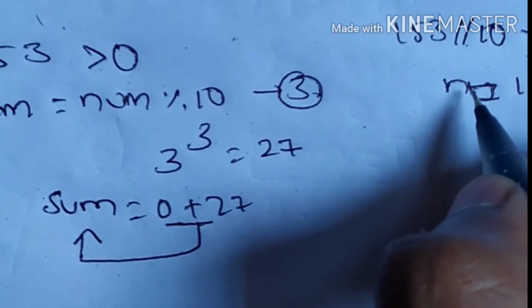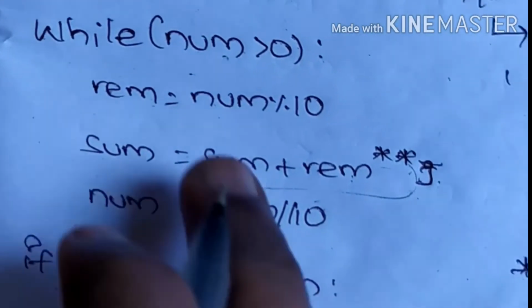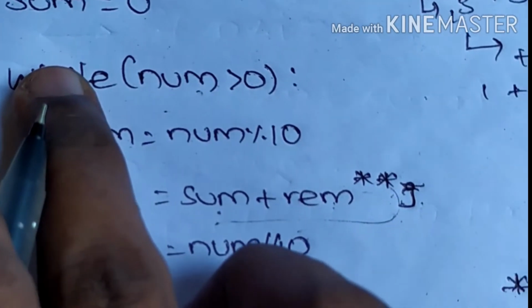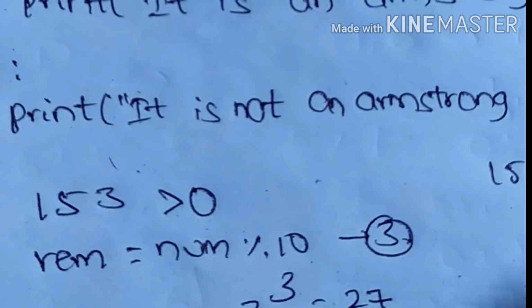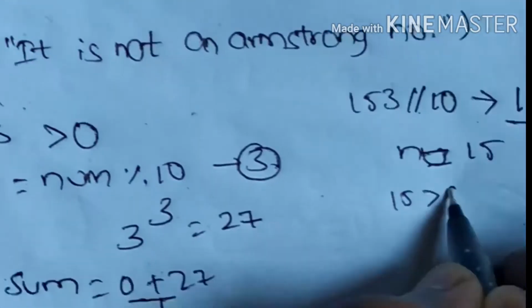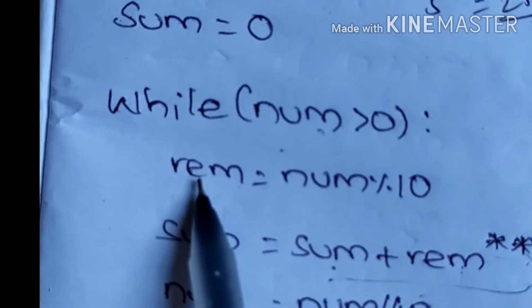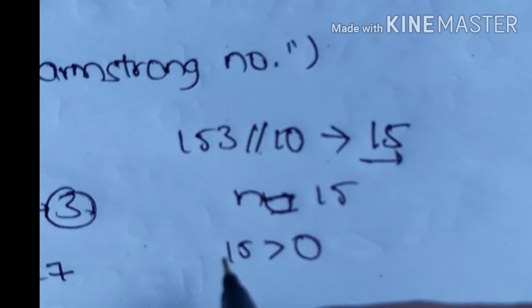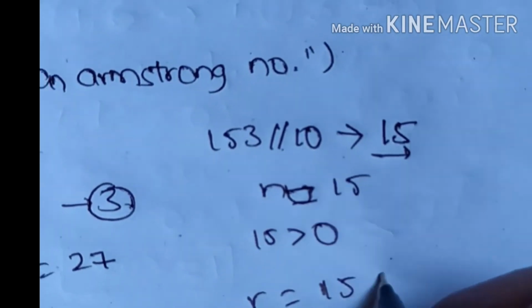15 is assigned to num, and after it's done one loop, it enters the while and checks num greater than 0. Here num will be 15, right? 15, yes, 15 greater than 0. So it goes to next condition, that is remainder equal to num divided by 10. Here we got num equal to 15. So remainder will be 15 divided by 10.